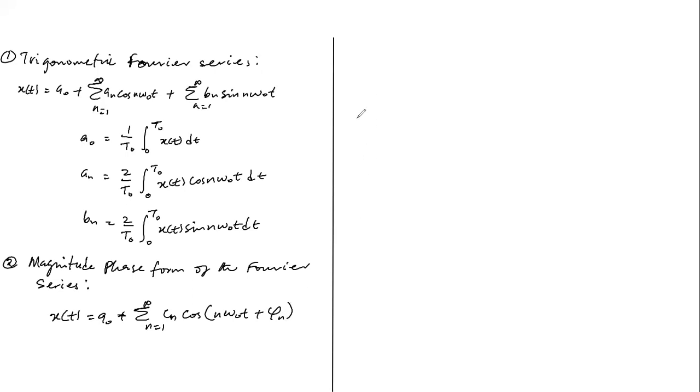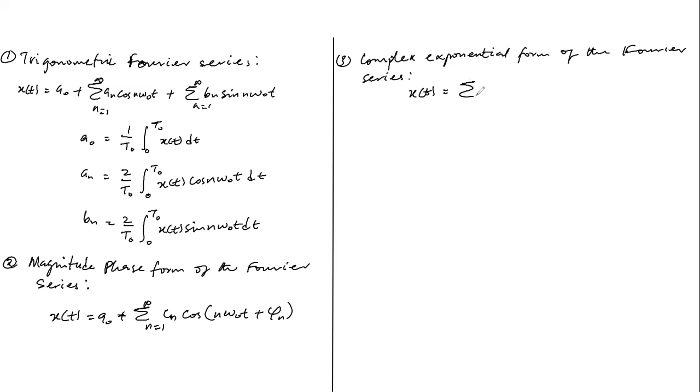The third is the complex exponential form of the Fourier series, which is given by s of t, the same as the summation of n equal to minus infinity to infinity of s of n, which is a complex number, times epsilon to the j n omega t.